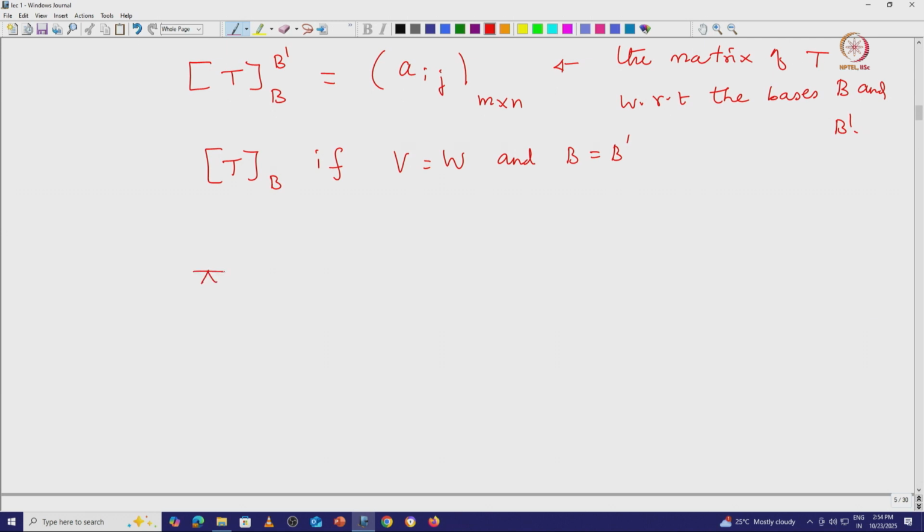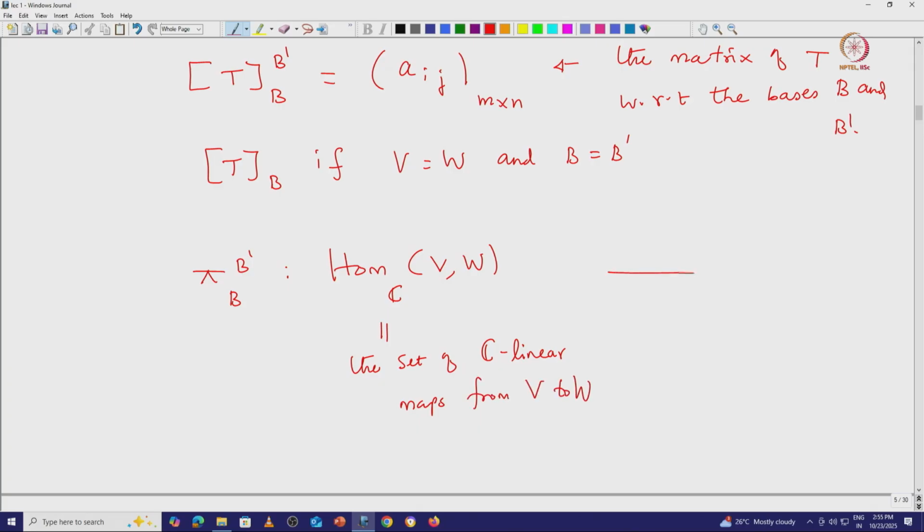We can define this isomorphism, let us call it pi_{B,B dash}, from the Hom space, which is the set of all C-linear maps from V to W, to the matrix space, consisting of the set of all m by n matrices over complex numbers.